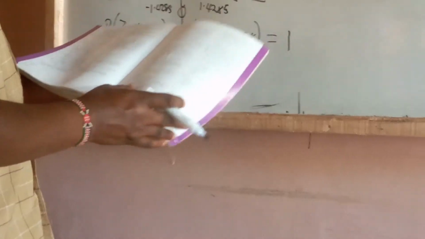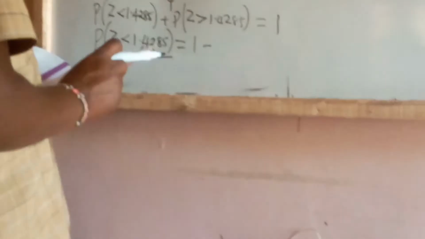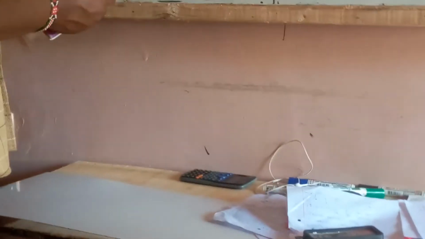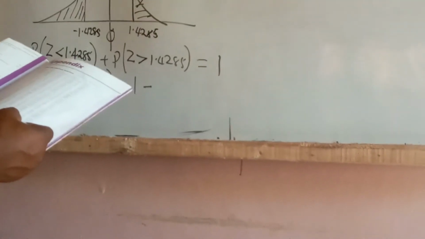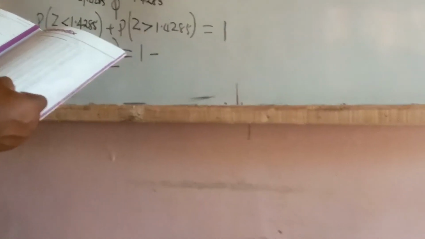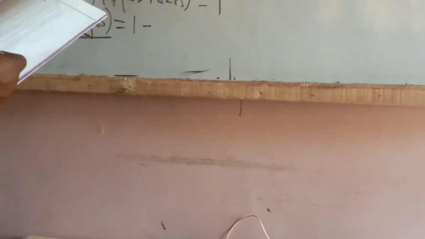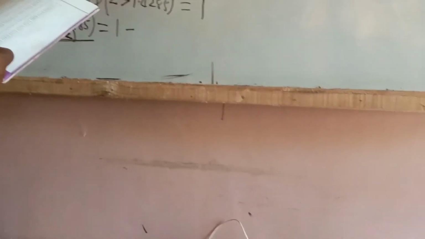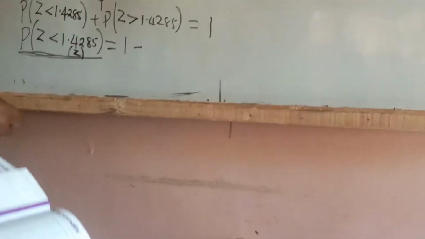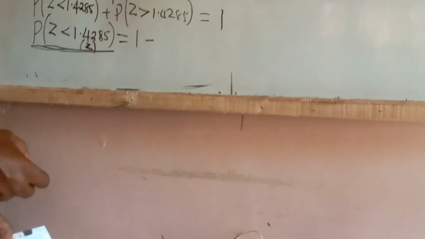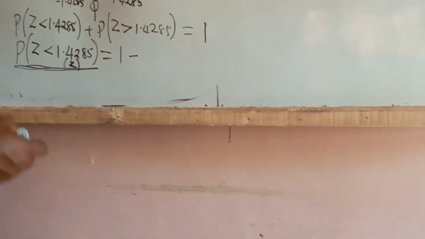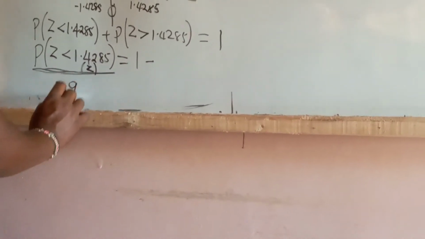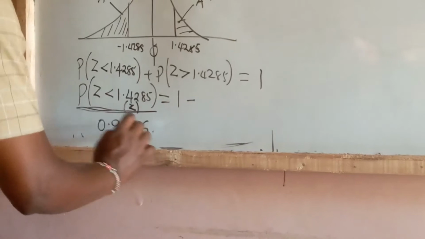Page 201, 1.42 as our small z. 1.428 is very close to 1.43, and the area is 0.9236.